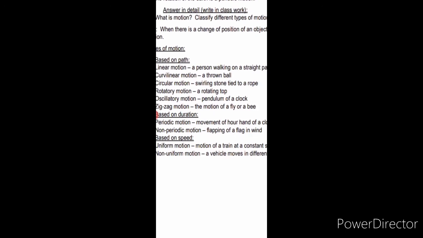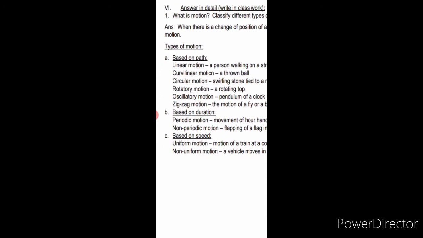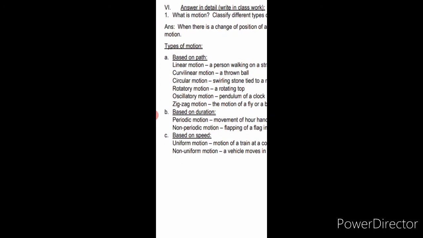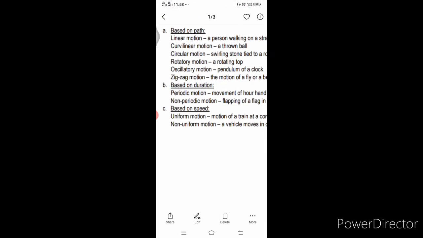Oscillatory motion, pendulum of a clock. Zigzag motion or irregular motion, the motion of a fly or a bee. These 6 types of motion come under based on path. I have given you the examples for each.